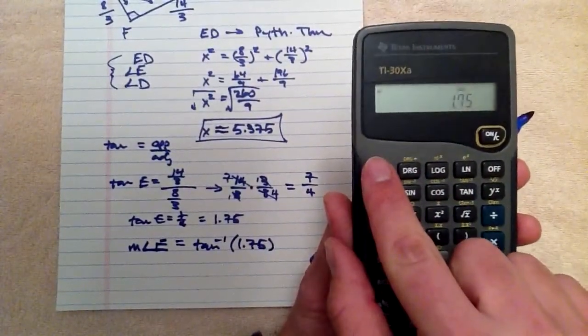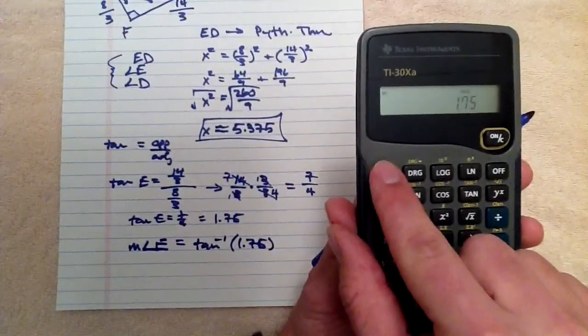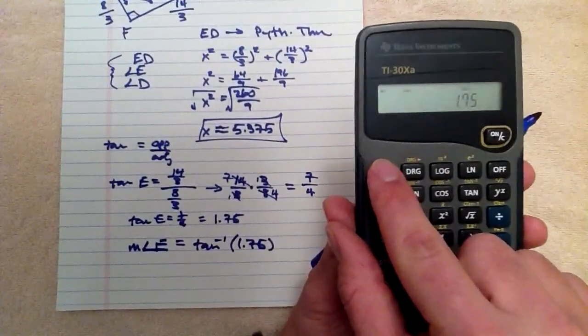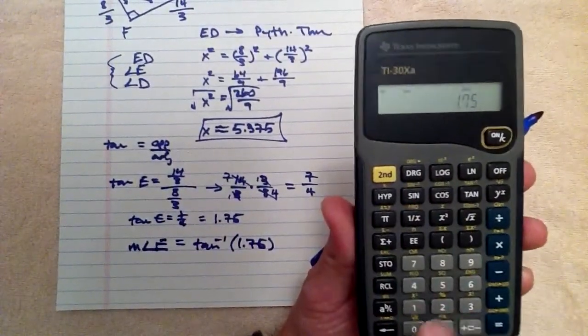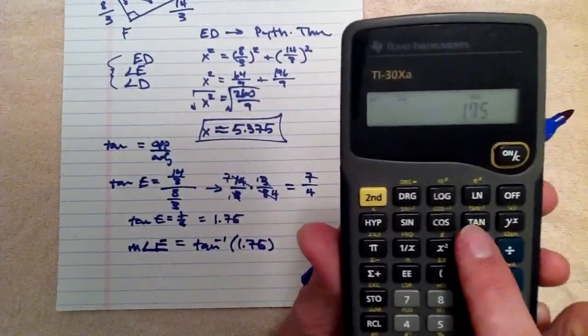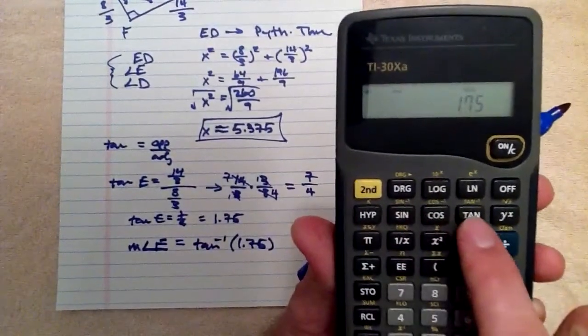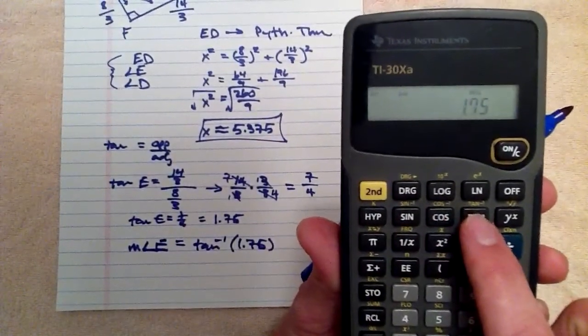Now you are going to hit the second button, and if you look right here on my calculator, it shows whether or not the second button has been applied. If it's showing second, that means you have hit the second button. And then you are going to go to tangent inverse. If you look above the sine, cosine, and tangent buttons, in yellow are sine inverse, cosine inverse, and tangent inverse.